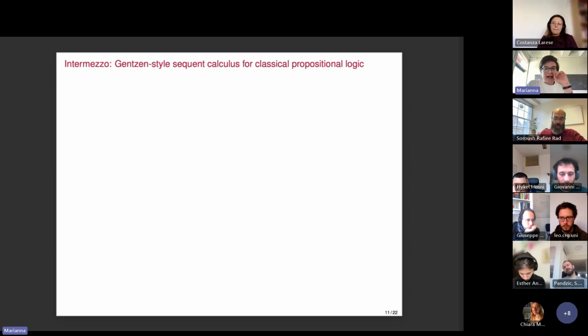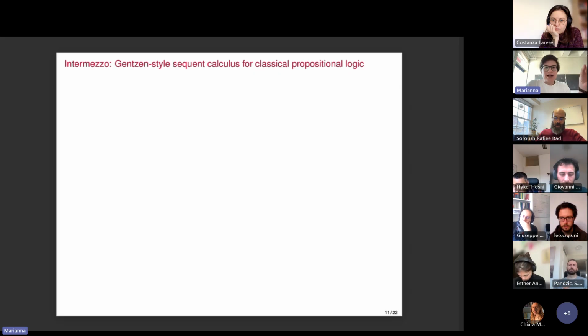Okay, first I have to backtrack a bit, because labeled calculi are a framework that you can define by enriching the Gentzen-style framework for classical propositional logic.